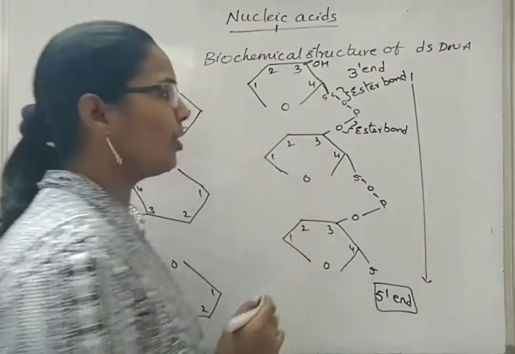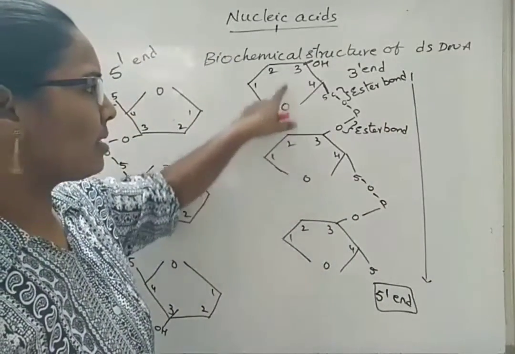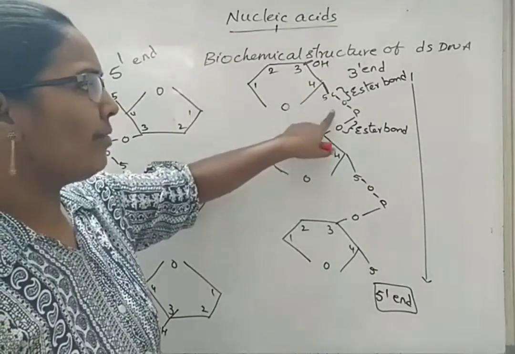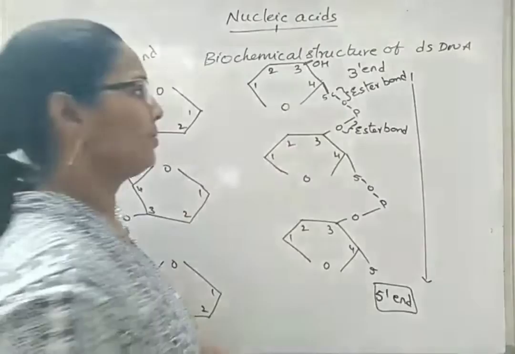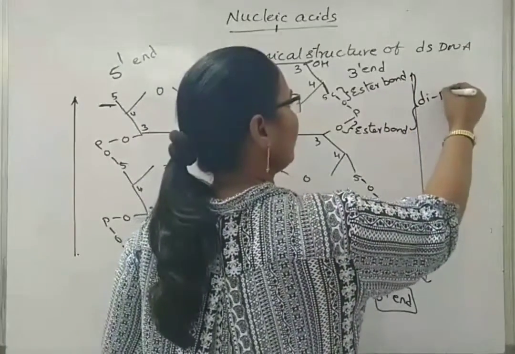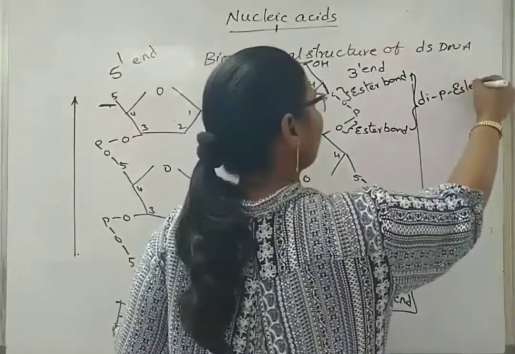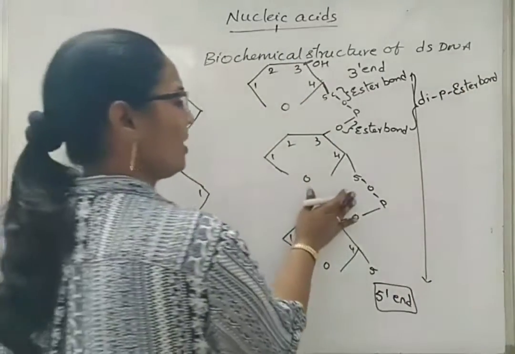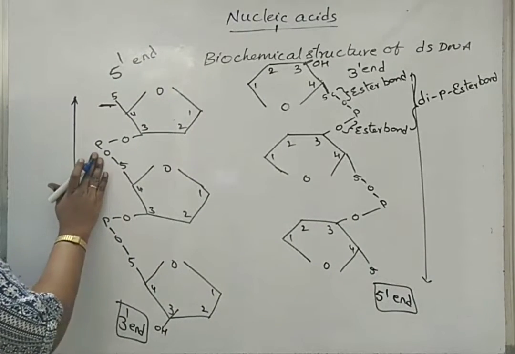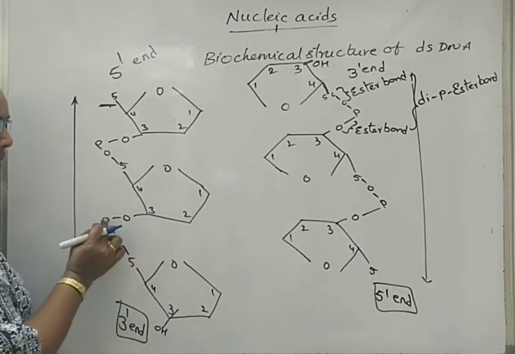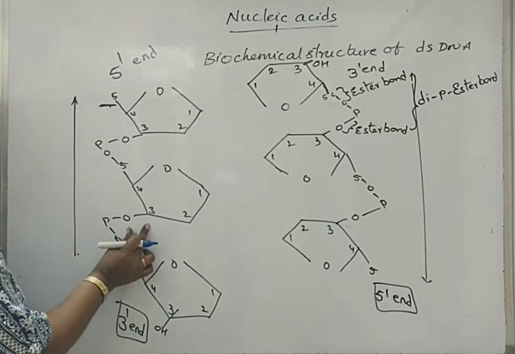So between two successive neighboring pentose sugars, there is a phosphodiester bond. Here also the same, phosphodiester bond. But separately, between third carbon and phosphate, one ester bond.